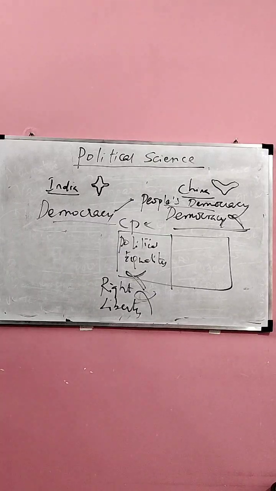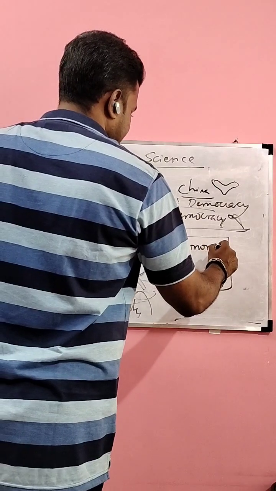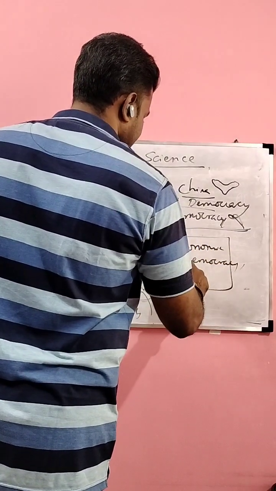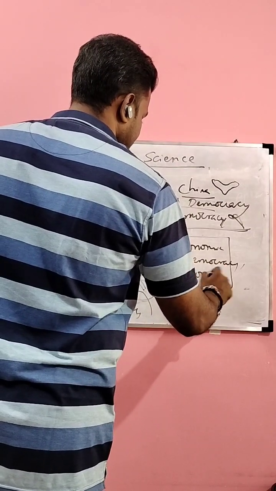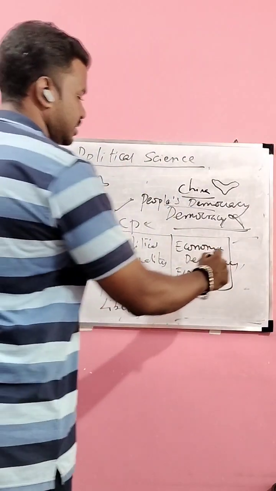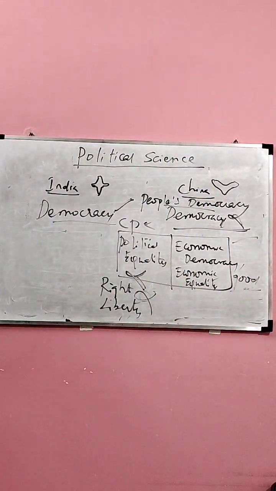But when you come to the other side of democracy, it is economic democracy, which has economic equality. Here, China is much better compared to India. In economic democracy, India is poor, China is much better. The economic system followed by China is socialism.